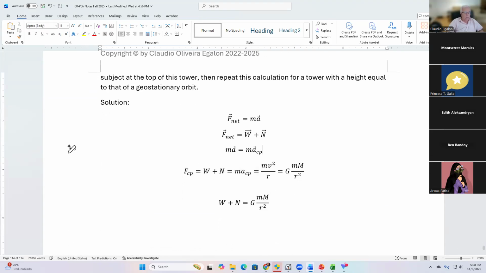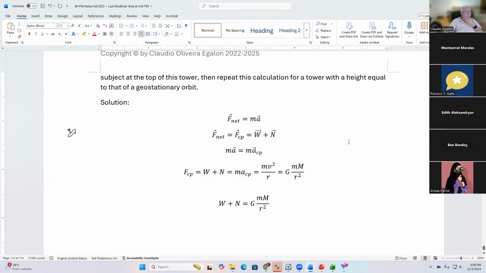Here you go. Centripetal force, and the net force is going to be our centripetal force, right? Let's write that down here. Here you go. The net force is equal to our centripetal force.